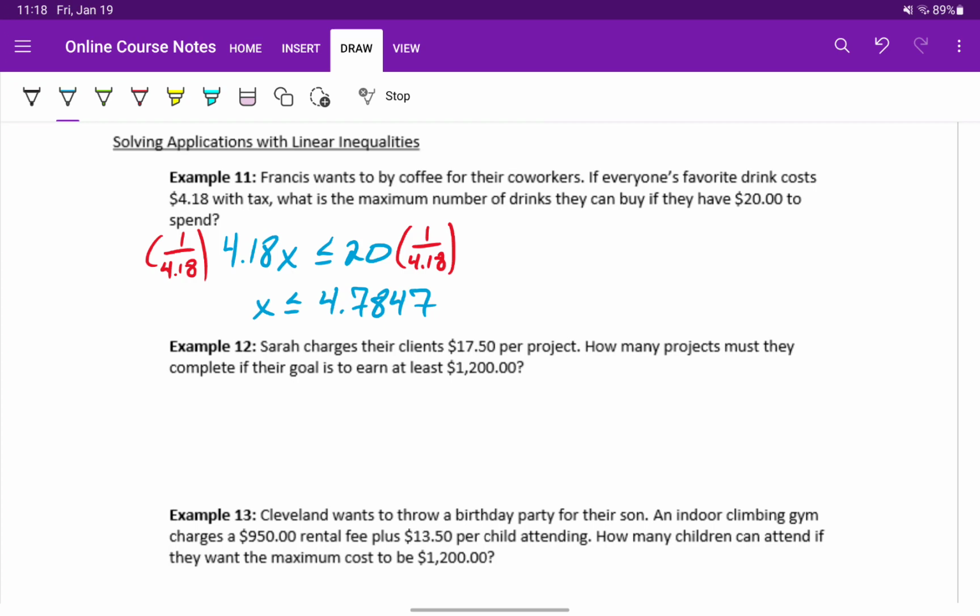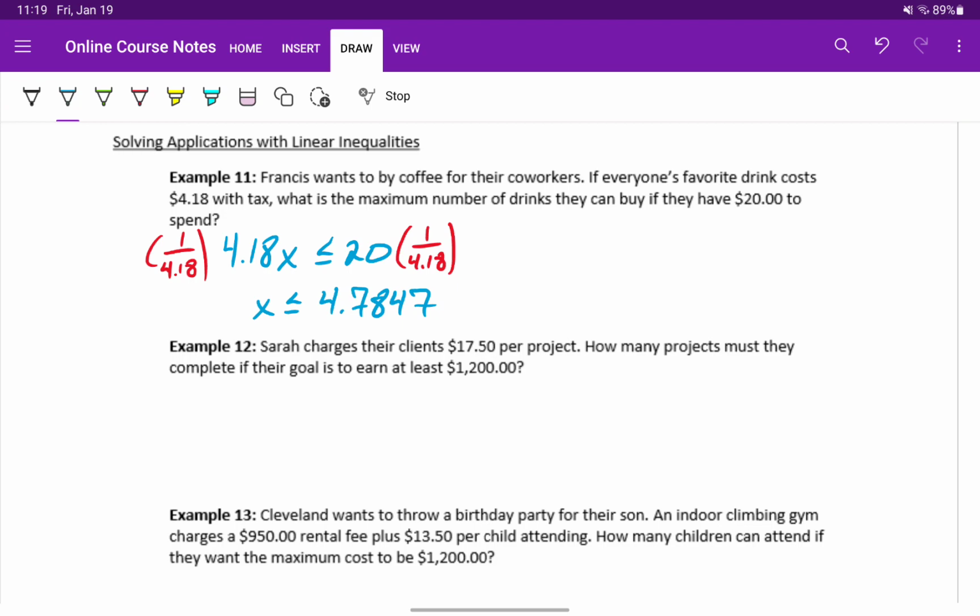Now we have an inferential step that we need to take care of. We can't buy a portion of a drink, so we either have to buy 4 or 5. Our natural rounding rules would tell us to round this number up to 5, but if we did that, then we would have a value that doesn't fit this inequality statement. 5 is not less than or equal to 4.78.